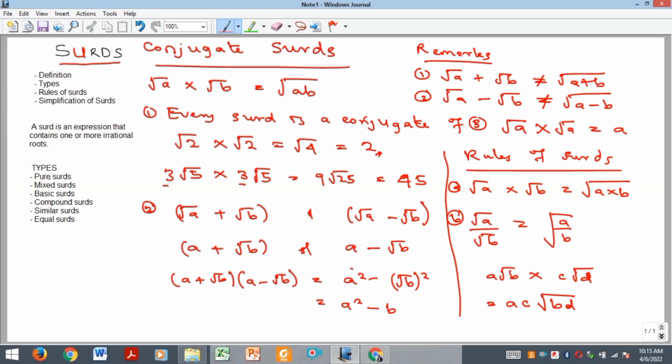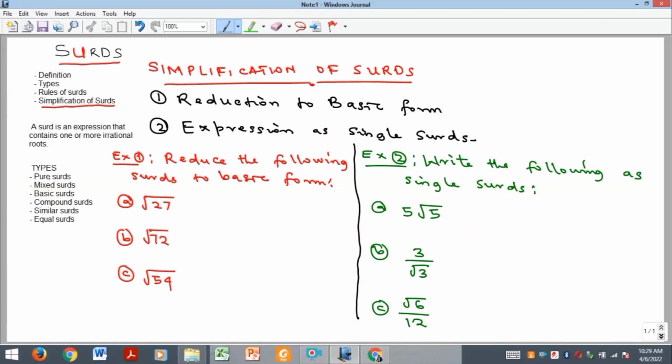The next thing we're going to look at now is simplification of surds. So in continuation, we are going to consider simplification of surds. And what is simplification of surds all about? To simplify a surd, there are two things that we can be required to do. One is to reduce the surd to basic form.